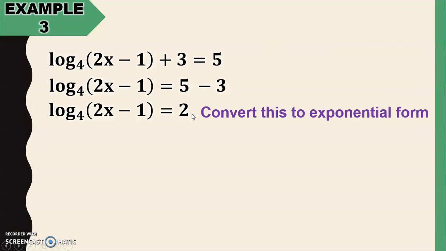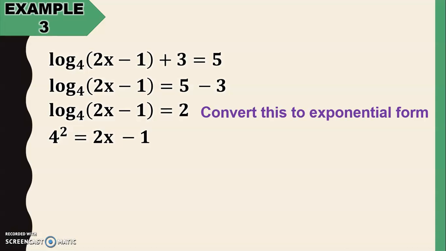Then let's convert this to exponential form. So we have 4 raised to 2 equals 2x minus 1. So copy 4. 4 will be the base, 2 will be the exponent, equal to the argument of the logarithm, which is 2x minus 1.